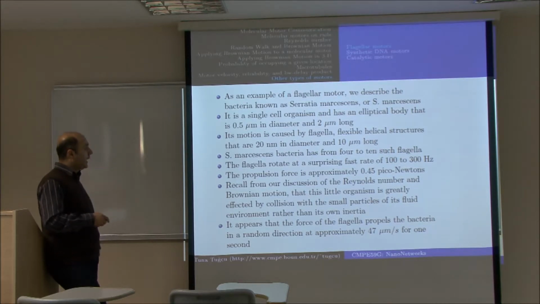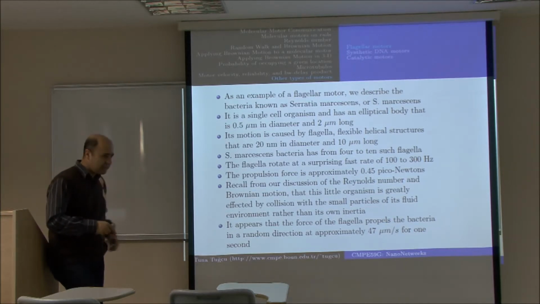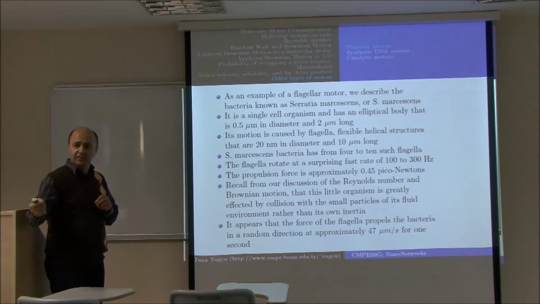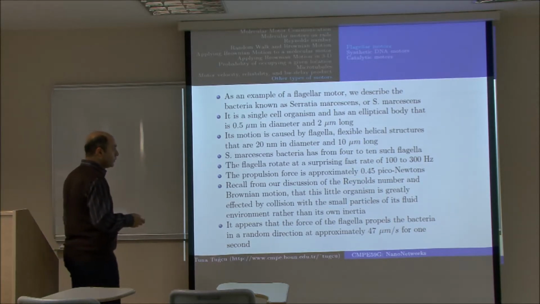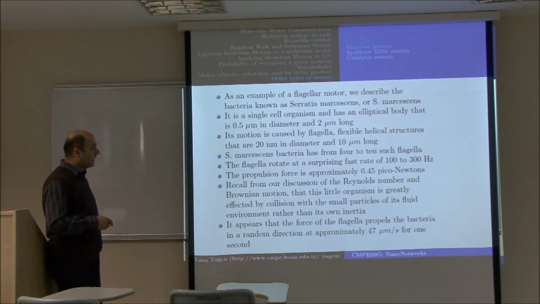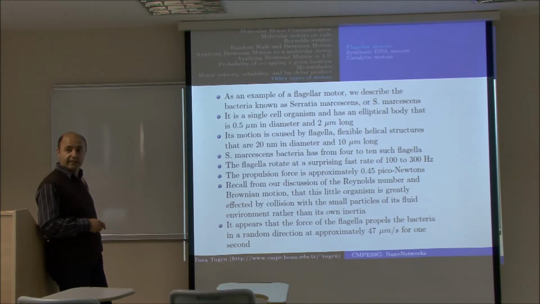And it has what we call flagella behind, like a tail, actually multiple of those. They are flexible helical structures that are 20 nanometers in diameter. So they're very thin. However, they're 10 micrometers in length. It's like 5 times the length of the bacteria itself. Okay?